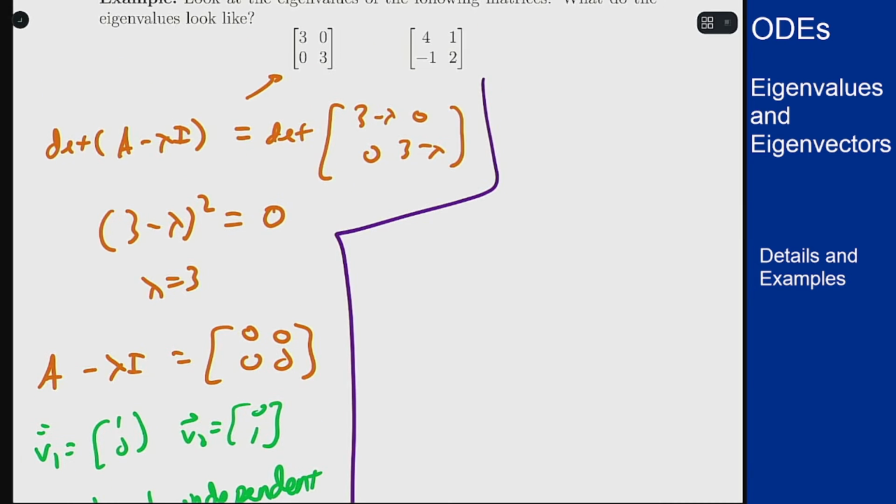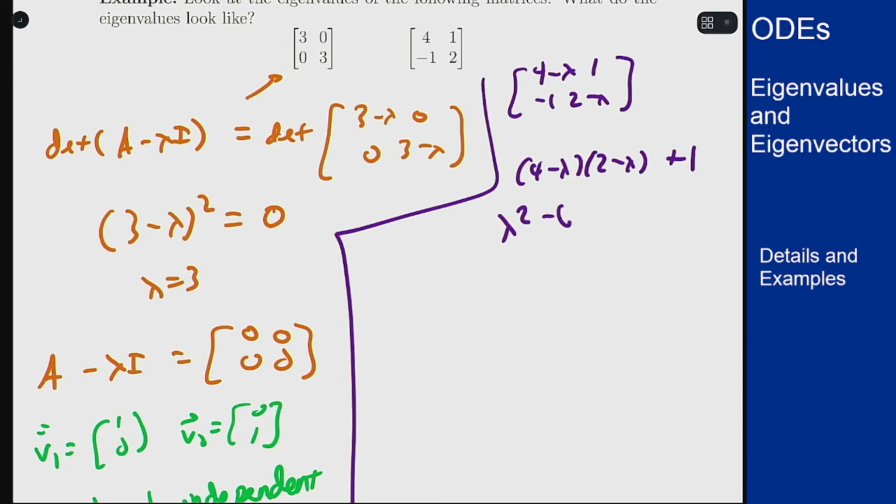So for [[4, 1], [-1, 2]], I do the determinant again. The matrix I get is [[4 minus lambda, 1], [-1, 2 minus lambda]]. I find the determinant, (4 minus lambda)(2 minus lambda) plus 1. This will come out to be lambda squared minus 6 lambda plus 9, or again, (lambda minus 3) squared.